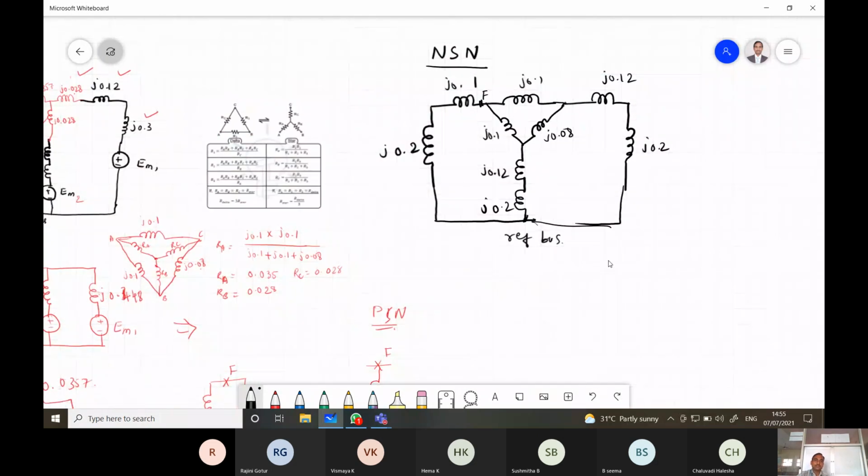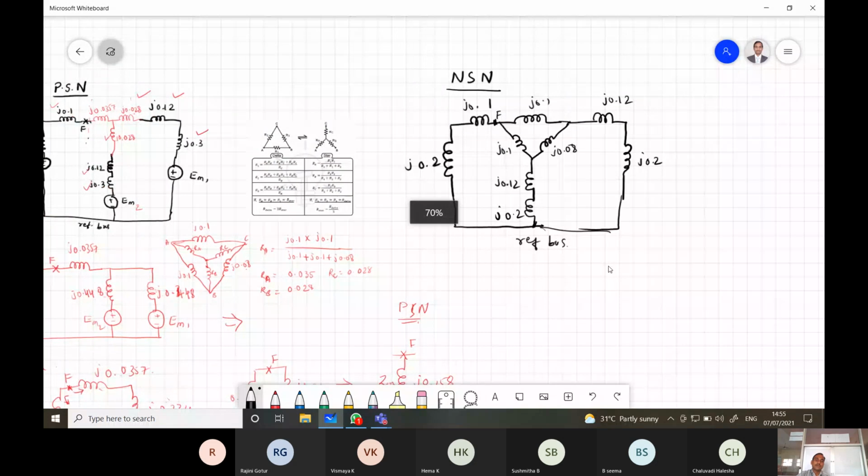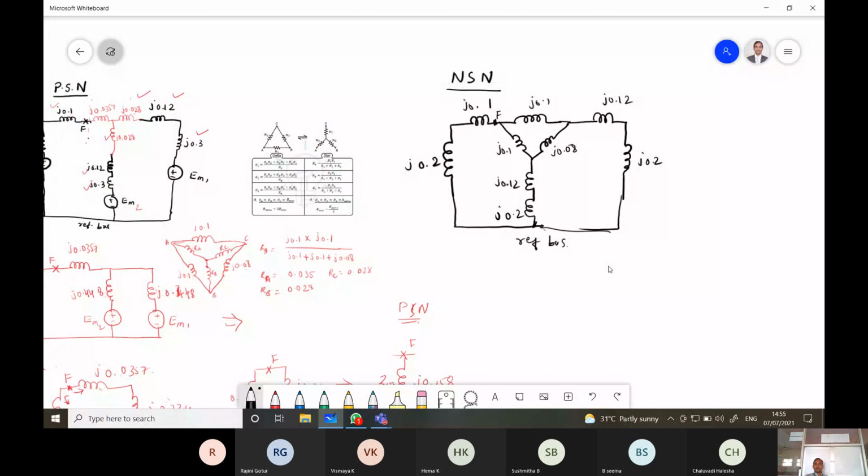Simplify this negative sequence network, same as it is, convert delta into star. So this delta converts into star. So what do we get?